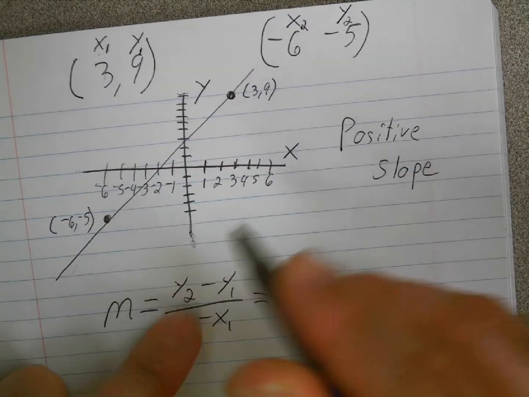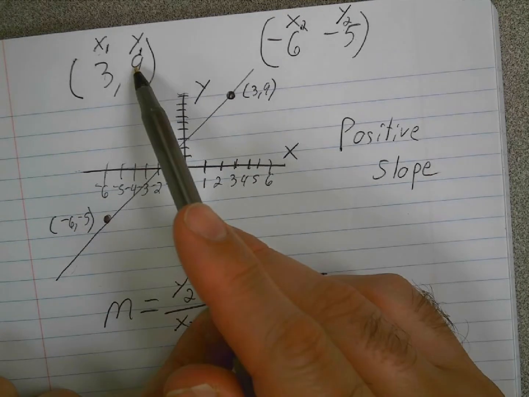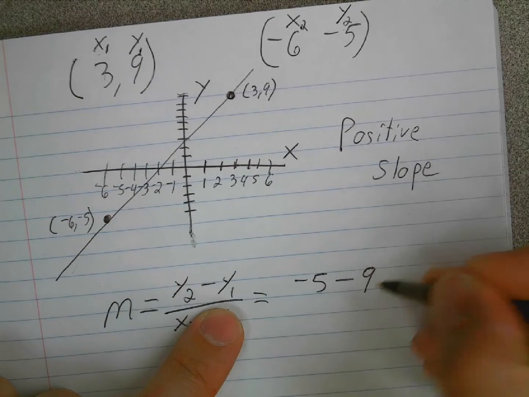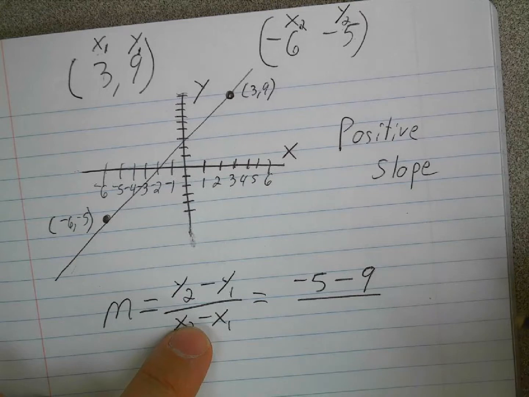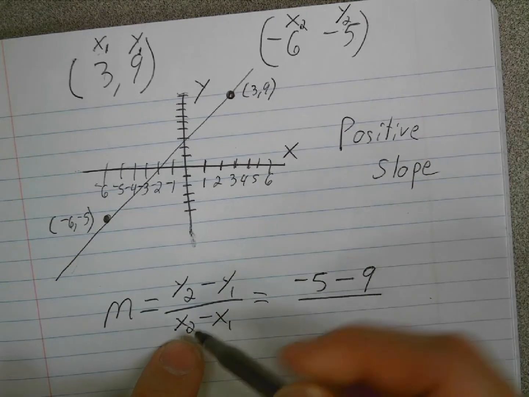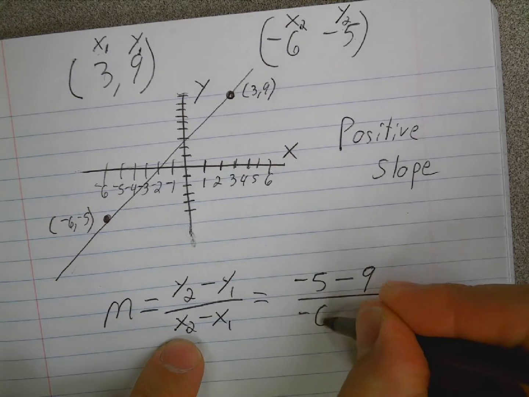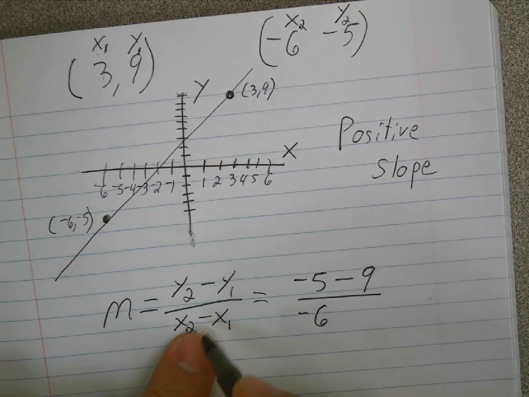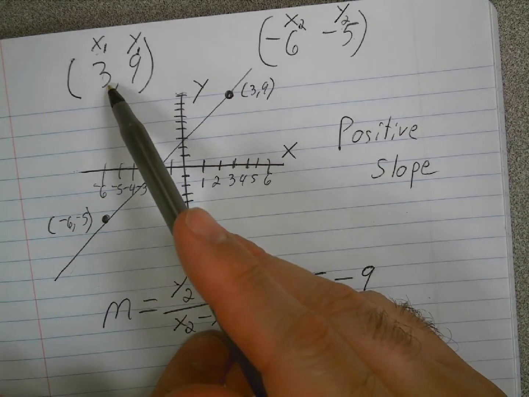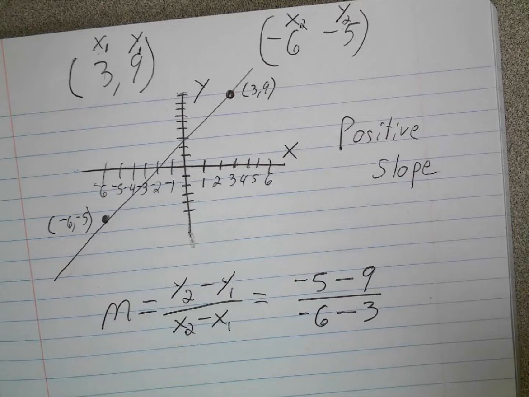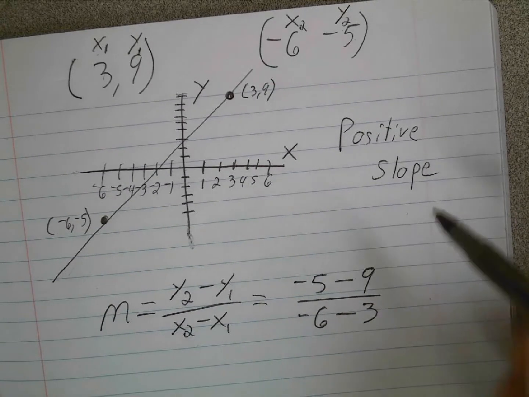So I got -5, and then minus, what's my y1? 9. All right? All over, and remember fraction bar means it's a divide. x2, -6. And then in the equation I got a minus, so I'm going to put my minus in. And then my x1 is 3. All right, great.